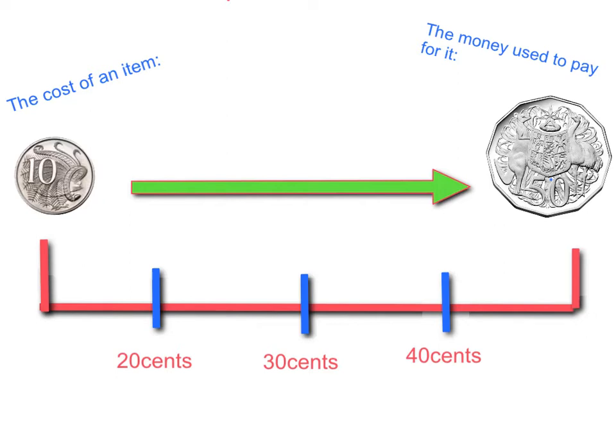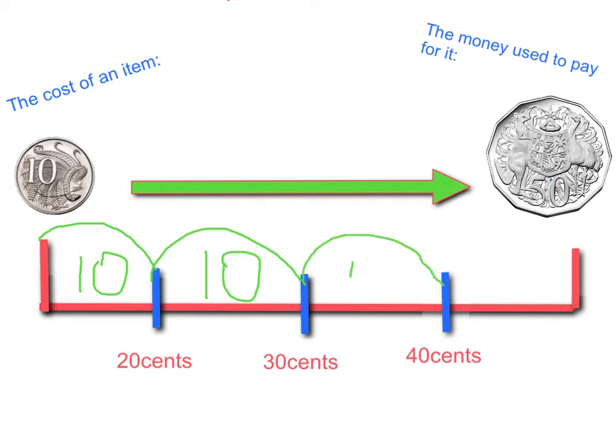So if I count forward, I go from 10 cents to 20 cents, and I do this little jump, that's 10 cents. If I keep jumping forward, that's another 10 cents. And I jump forward to 40 cents, and that's another 10 cents. I'm pretty close, but I'm not quite there yet. I jump another 10 cents to 50 cents.